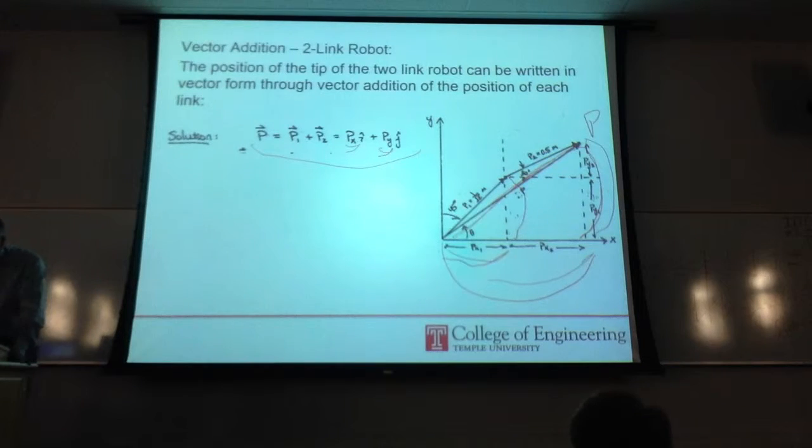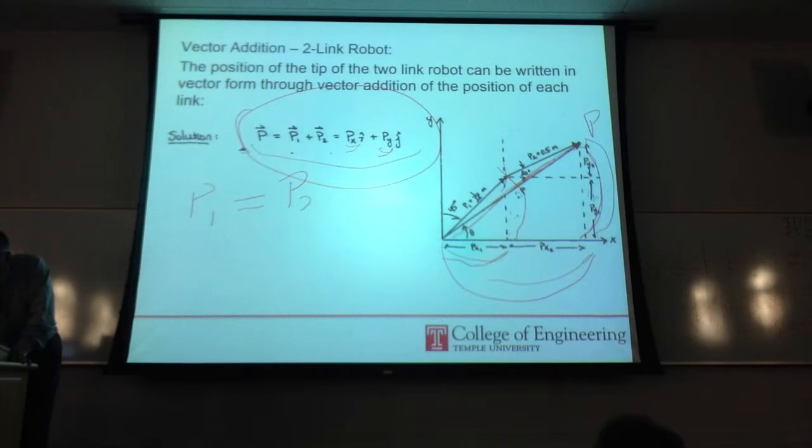So if I want to use the same terminology for this point, what do I say? P1 is equal to px1 times the unit vector I plus py1 times the unit vector j. Do you understand?